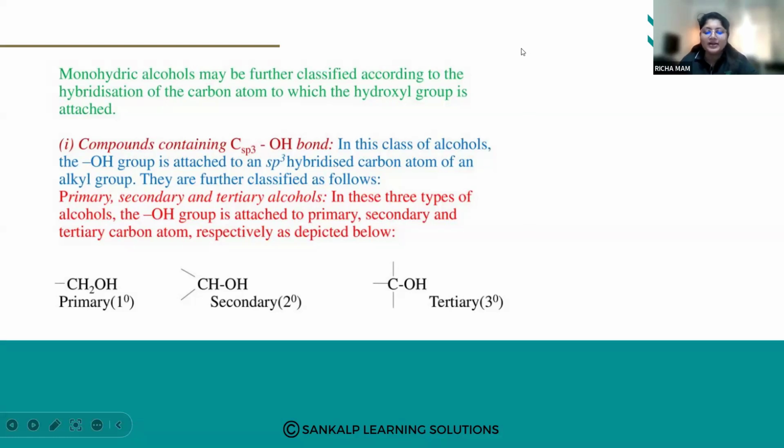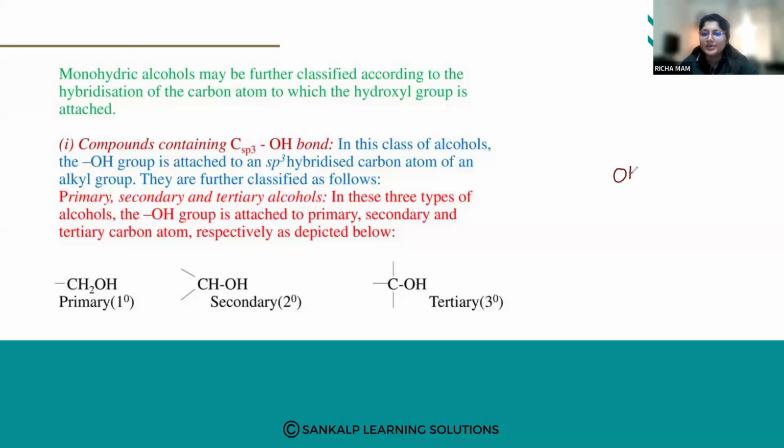These monohydric alcohols are further classified based on the hybridization of the carbon where the OH group is attached. The first classification was based on the number of OH groups; now we classify by type of carbon.